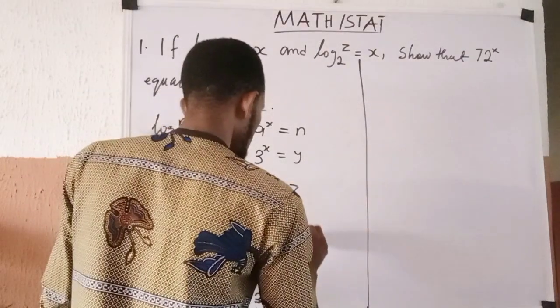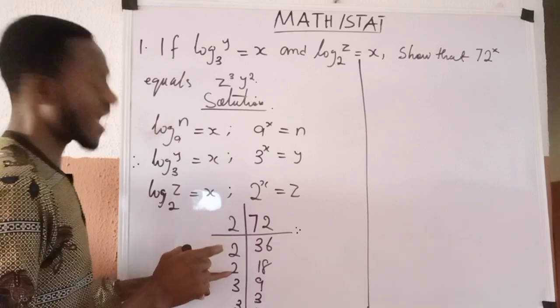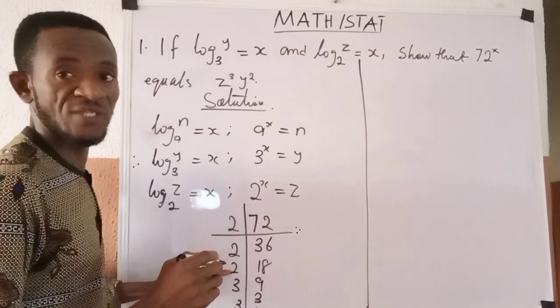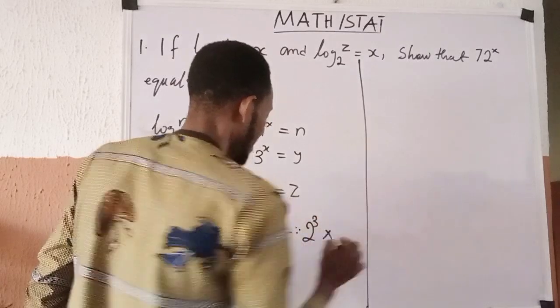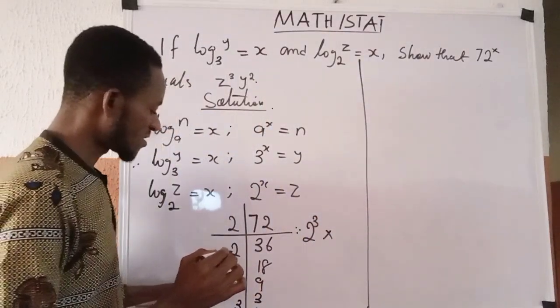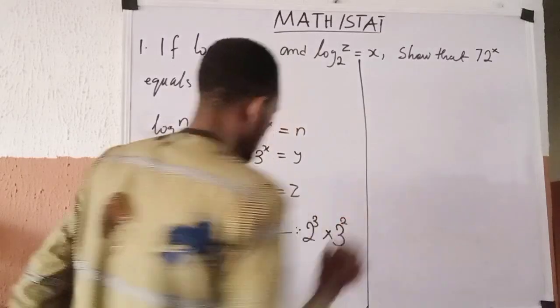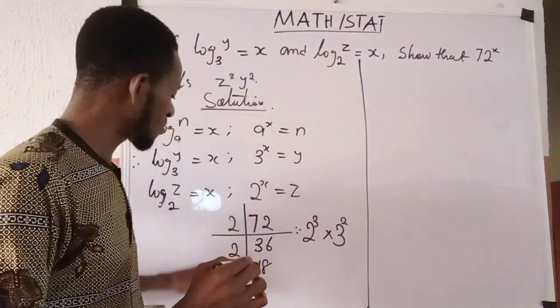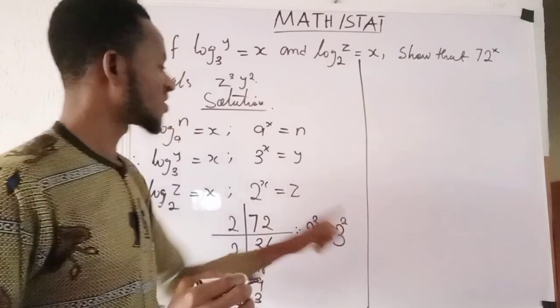Therefore, our 72 is 2 times 2 times 2, which is 2 raised to power 3, times 3 times 3, which is 3 raised to power 2. How many 2s do I have here? 1, 2, 3, raised to power 3. How many 3s do I have here? 1, 2, raised to power 2.